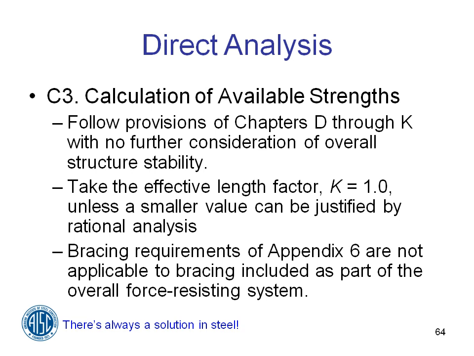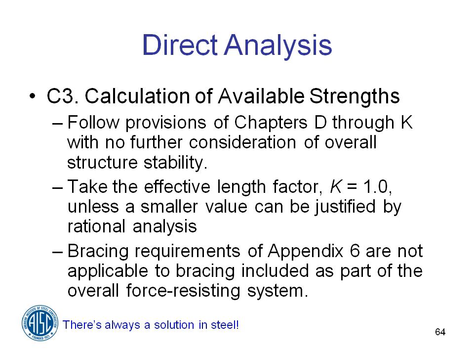Well, that's really what the majority of the specification is, determining available strength, and that's what you find in chapters D through K. D for tension members, K for HSS connections, the entire body of the specification. The difference is that when you deal with compression members, you're permitted to take the effective length factor K equal to 1.